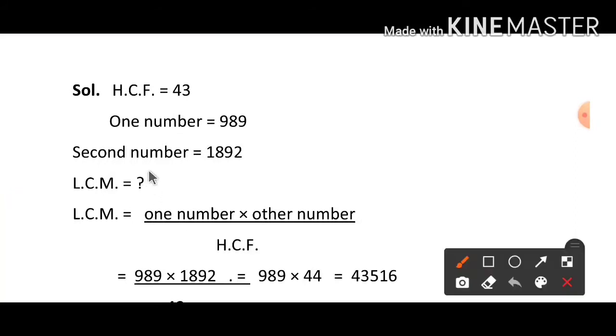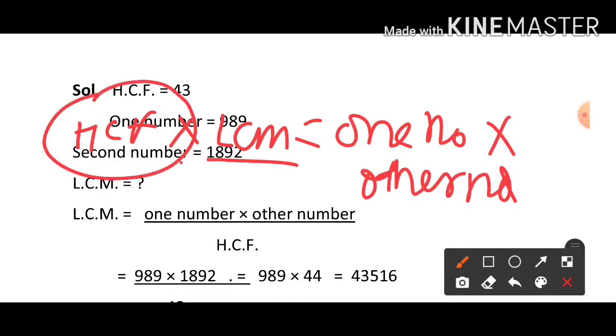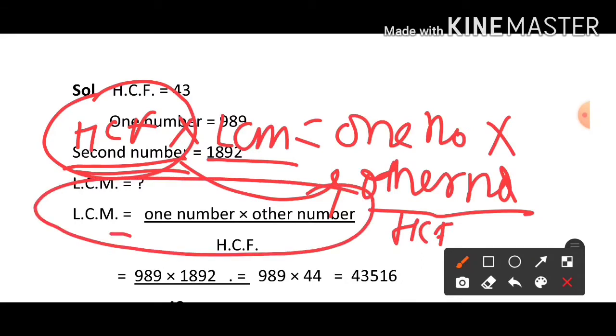So again we know, by using that HCF into LCM is equal to one number multiply other number. Here in this question we have to find the value of LCM. So we have to take HCF to the right hand side. Here it is given in multiplication, so on this side we change it into divide. Or you can directly use this formula that LCM is equal to one number into other number upon HCF.